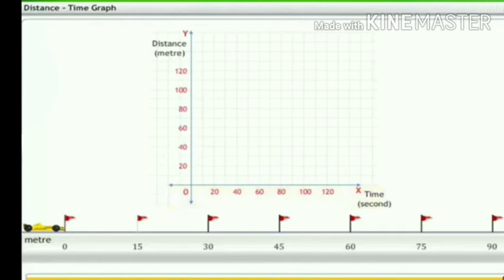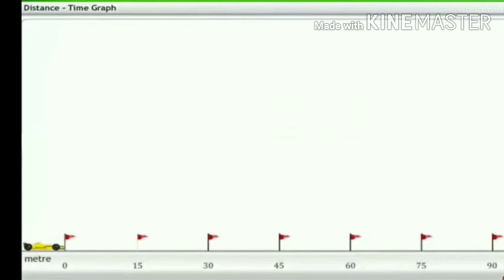Here in the first case, when we start from 0, then 15 seconds, 30 seconds, 45 seconds, at the same time, when the distance covered by the object is the same at the same interval of time, or equal at equal intervals of time, then it is uniform motion and its acceleration is also uniform.